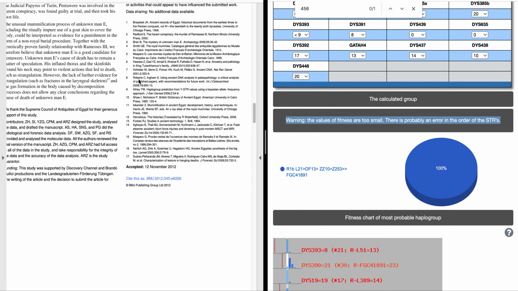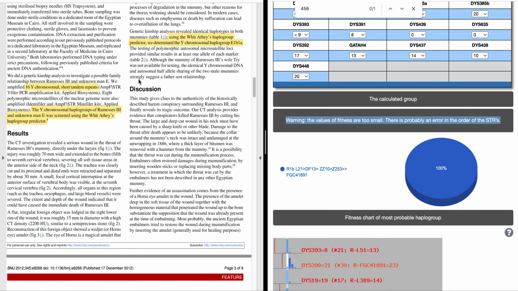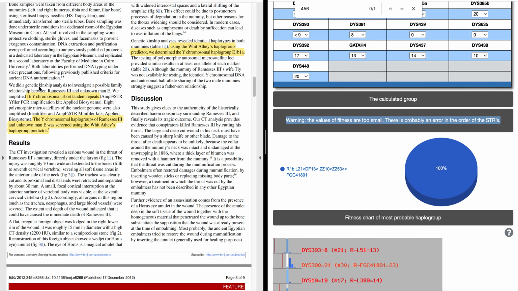Alright, so let's scroll up. We did a genetic kinship analysis to investigate a possible family relationship between Ramesses III and unknown man E. We amplified 16 Y-chromosomal short tandem repeats.